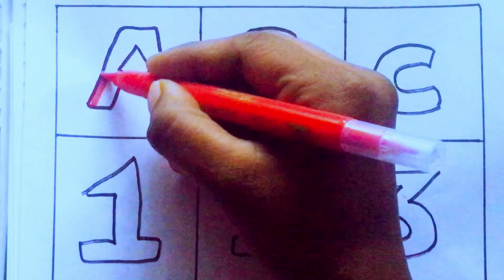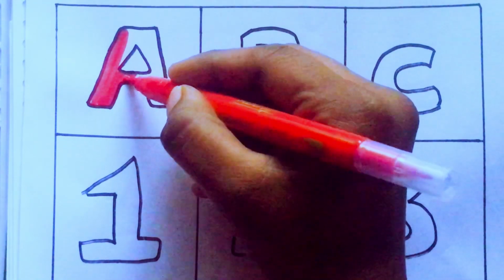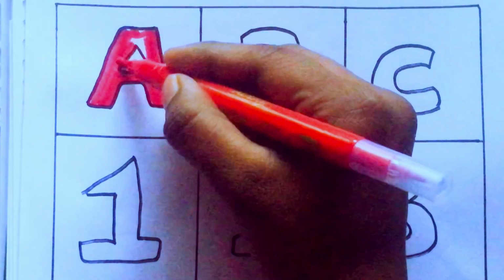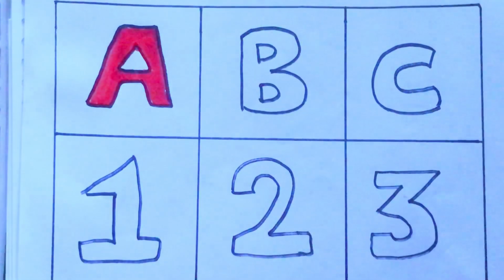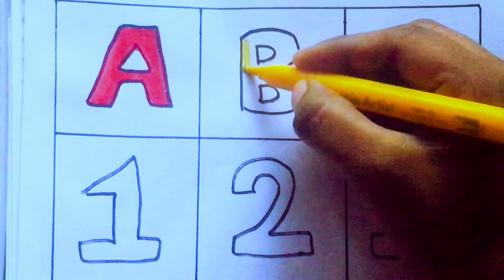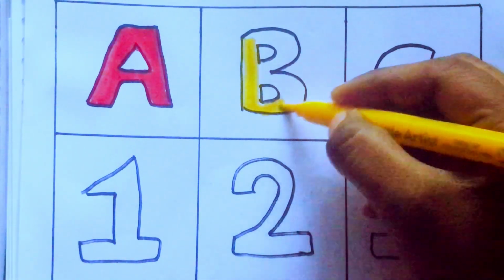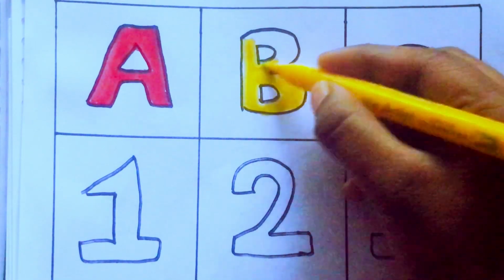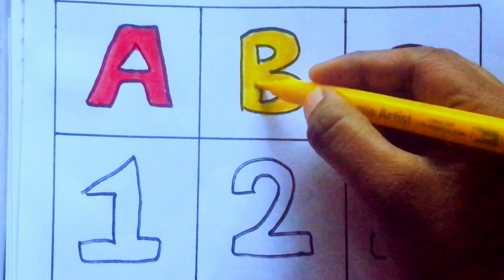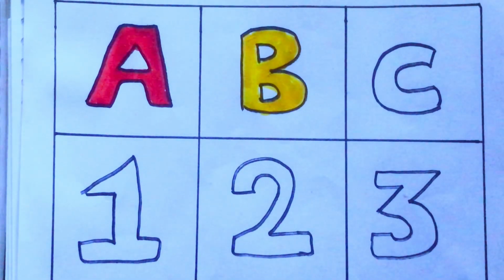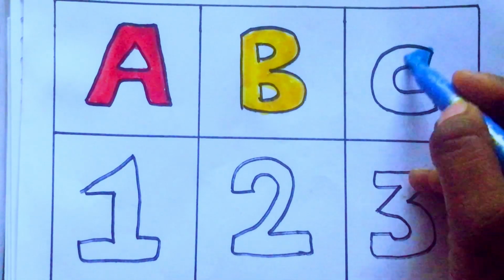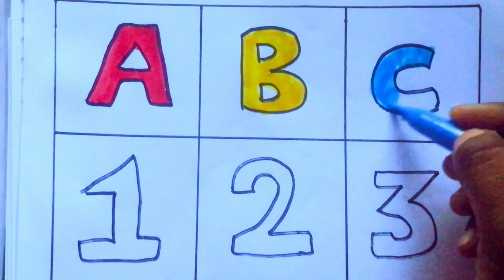Red color, A for apple. Yellow color, B for ball. Sky blue color, C for cup.